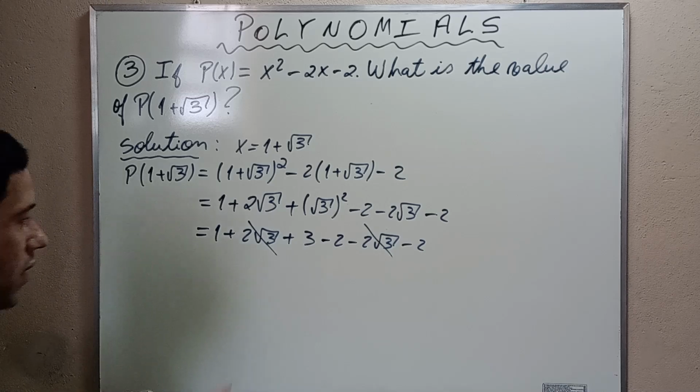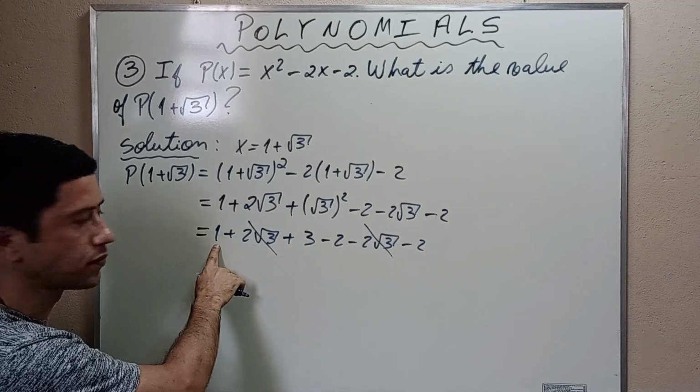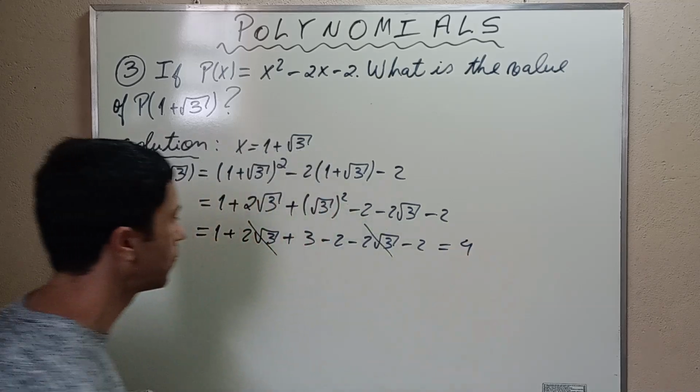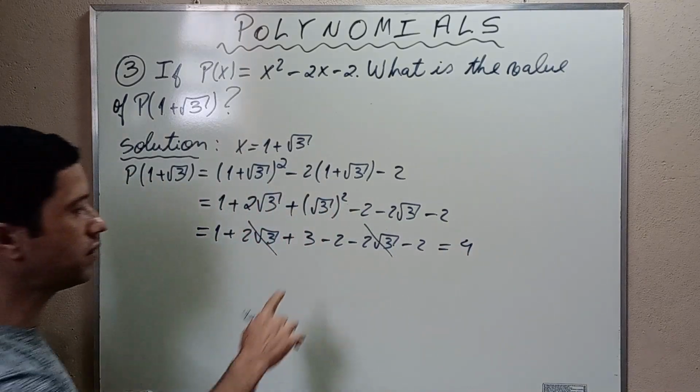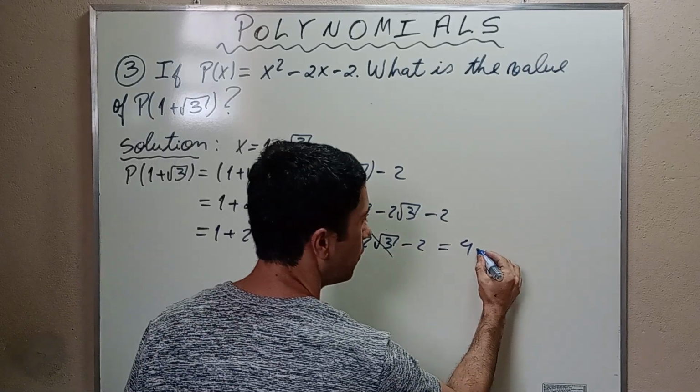Observe also that 3 plus 1 is 4. And that negative 2 with negative 2 is negative 4.